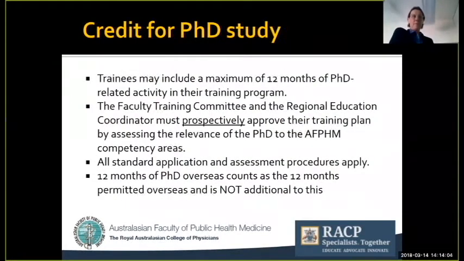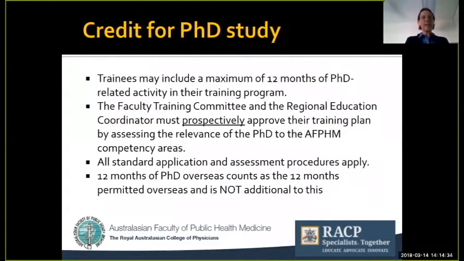You can have up to a maximum of 12 months of a PhD that can count towards your training. But you'll see the bottom dot point there. You can't have 12 months overseas doing a PhD and 12 months overseas doing something else. Your 12 months overseas is 12 months overseas, whether it's working in a public health unit or doing a PhD.